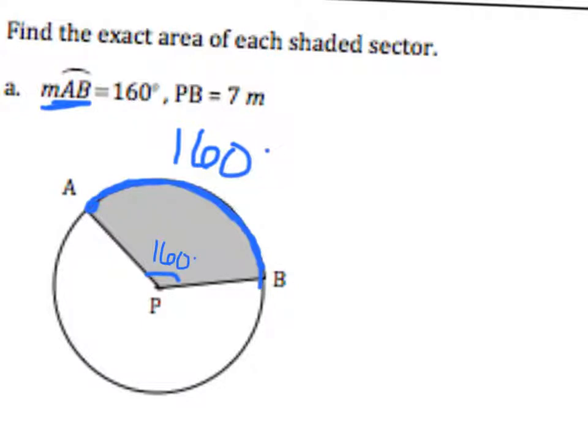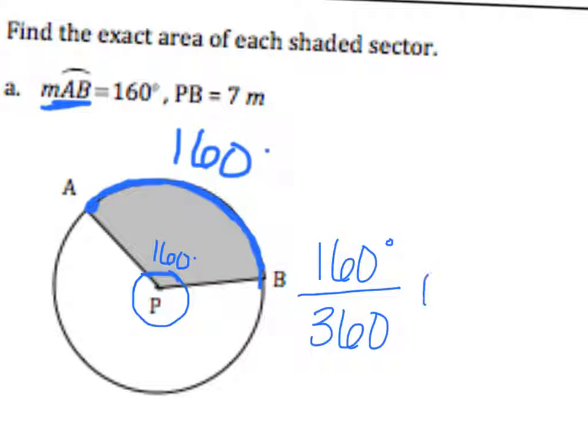In a circle, normally, if I'm finding the whole circle, I'm going to take 360 degrees, and that's why I'm going to do pi r squared. If it's not the whole circle, I want to find the area of 160 degrees out of 360 degrees and multiply by the area.